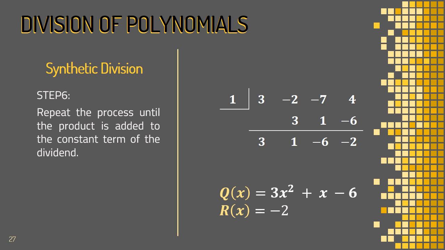Going back to our dividend, the degree of the dividend is 3 and the degree of the divisor is 1. Take note that the degree of the quotient will always be the degree of the dividend minus the degree of the divisor. So again, the degree of the dividend is 3 minus the degree of the divisor 1. That's 3 minus 1. We come up with the degree of the quotient, which is 2.